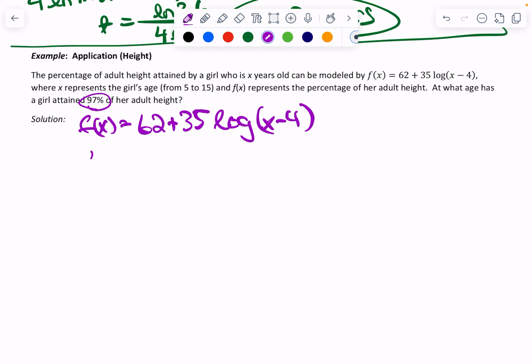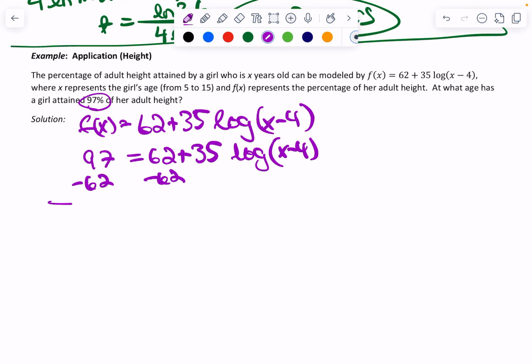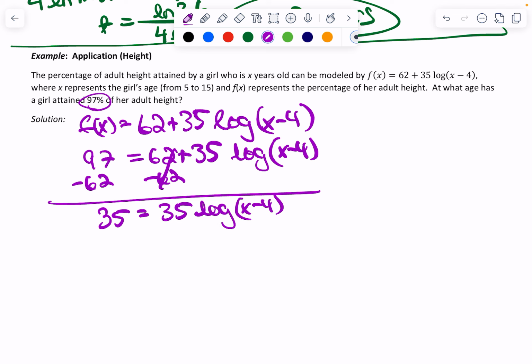So 97 goes where the f of x is, and we are solving for the x, so for the age. We are subtracting 62 from both sides. So we get 35 equals 35 common log of (x minus 4). We divide by 35. We get 1 equals common log of (x minus 4).